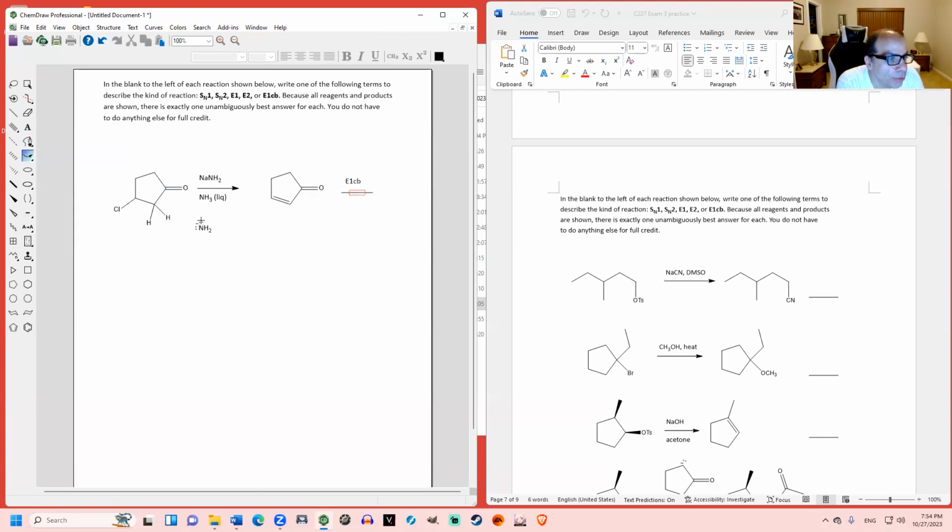And the mechanism goes by, you're not asked for the mechanism, I'm just showing it for clarity. The mechanism goes by deprotonation and formation of a carbanion intermediate.